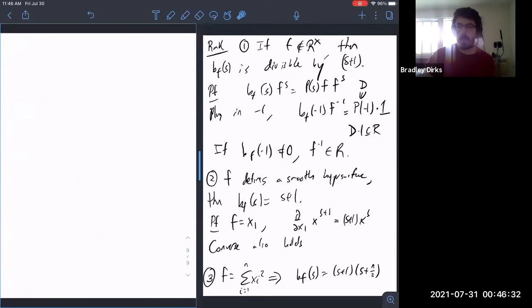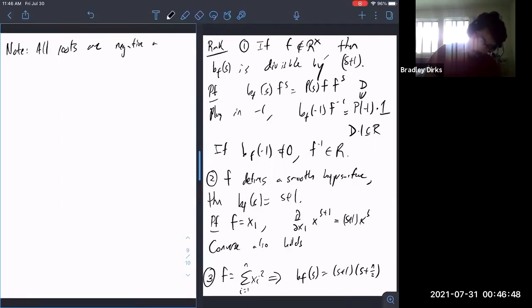Okay, and I'll give one more example next time, which will be probably the most important thing for next week's talk. But maybe just a note is that all the roots are negative and rational.